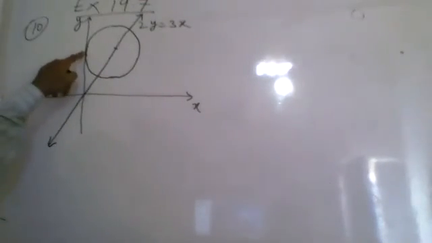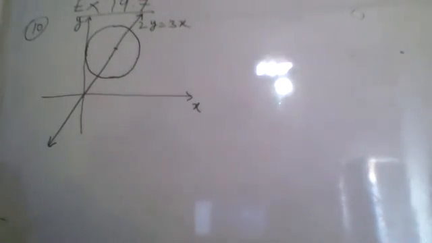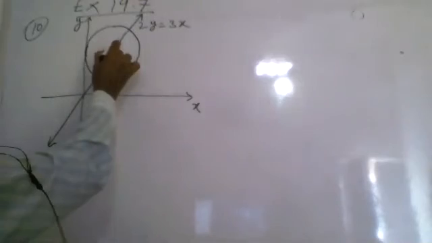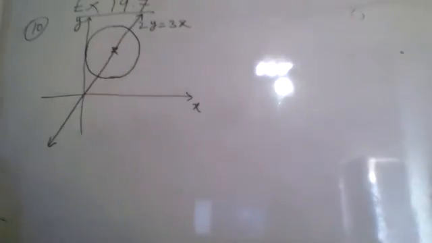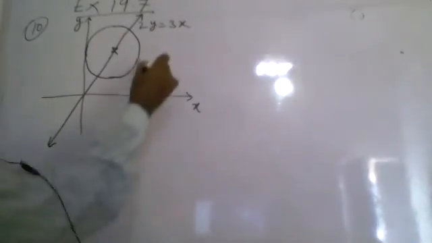This is tangent to the y-axis. That means the circle is touching the y-axis. And the center will be over there. Radius is 2, it is also given.